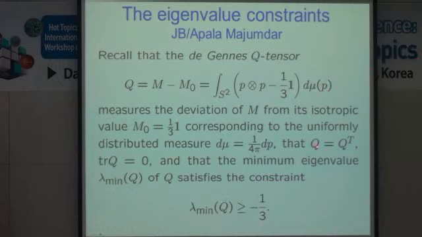Q is a symmetric matrix, and it's trace-free because we've subtracted off this term. Because Q plus 1/3 the identity is a non-negative matrix, the minimum eigenvalue has to be bigger than or equal to minus 1/3. The minimum eigenvalue of Q is bigger than or equal to minus 1/3.